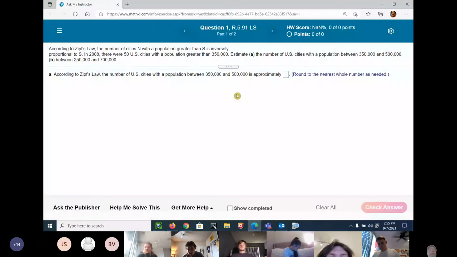Oh, I don't know. What is this? It says, according to Zipf's law, the number of cities with a population greater than S is inversely proportional.